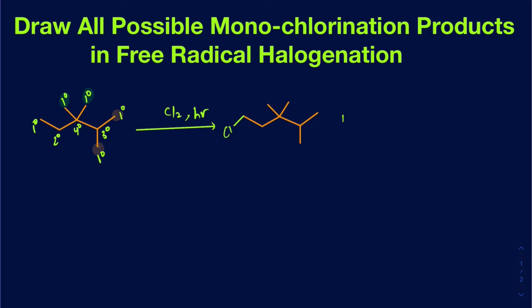Okay, let's see what other possible constitutional isomers I can get. I'm just going to copy that down here. Just erase this. Now I'm going to go ahead and get onto this secondary carbon that I got here. So I'm going to replace the hydrogen from there.